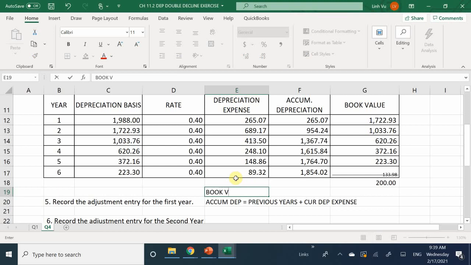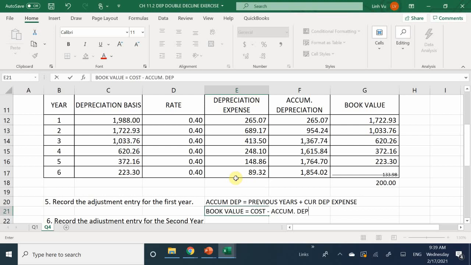Cost of the asset minus accumulated depreciation. Good. Book value is equal to cost of asset minus accumulated depreciation, right?